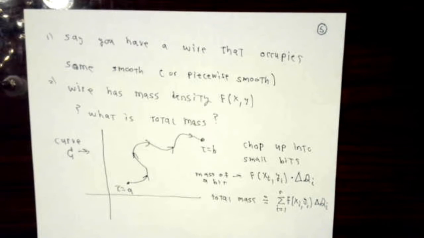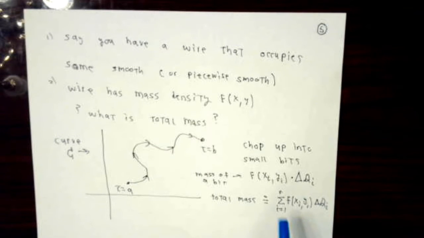If I were to literally tell you equations that produce the graph of the curve, then the question, what is the total mass of the curve, can be handled in a way that's very similar to what we've done before. We would imagine chopping the curve up into many much smaller pieces.